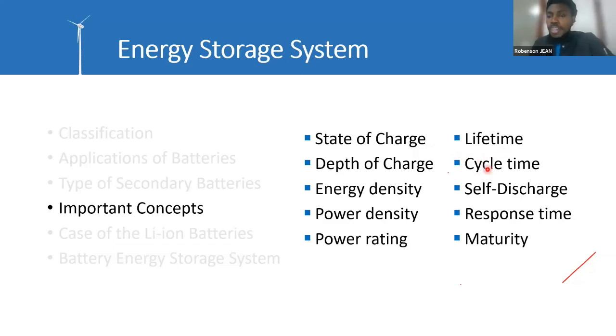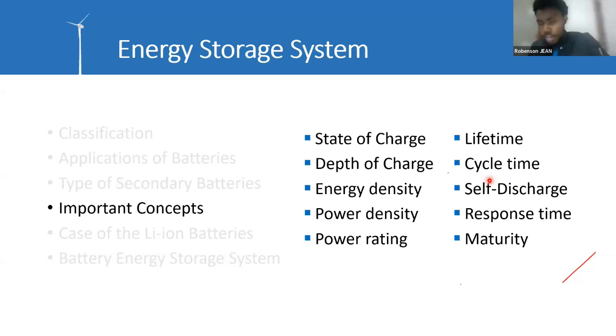And the cycle life is the number of processes of discharging from fully charged to completely discharged. So this is a cycle. And we have to know that when we are dealing with a lithium battery, we have to reduce the number of cycles, because it is the number of cycles that determines the lifetime.